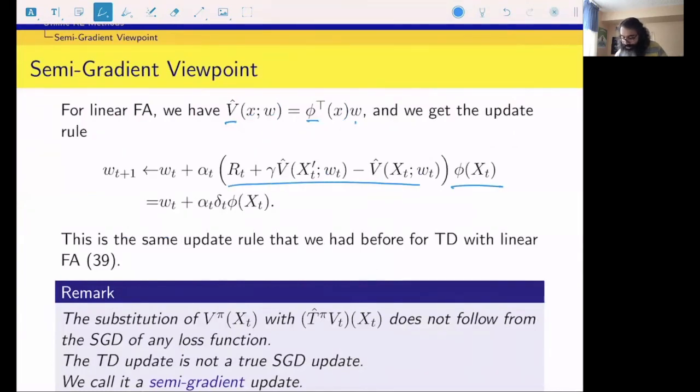Then the residual part would be as before, and you probably recognize that this residual part is simply the TD error. So I can write W_{t+1} as W_t plus α_t δ_t, the TD error, times φ of X_t.